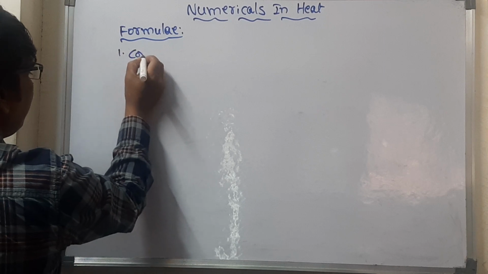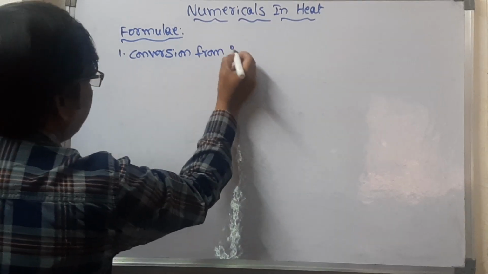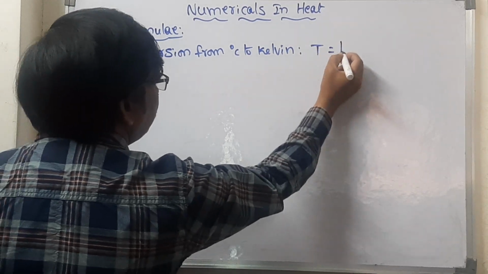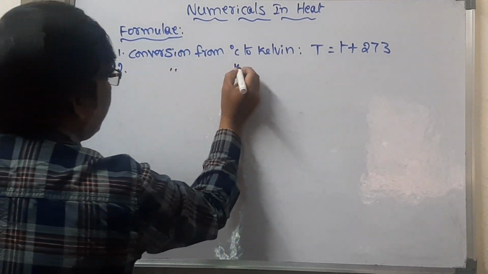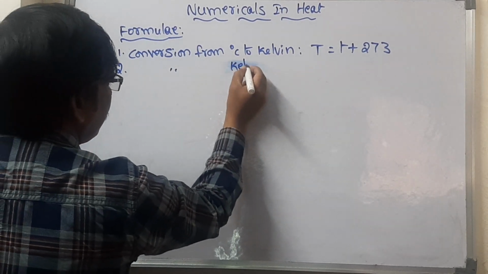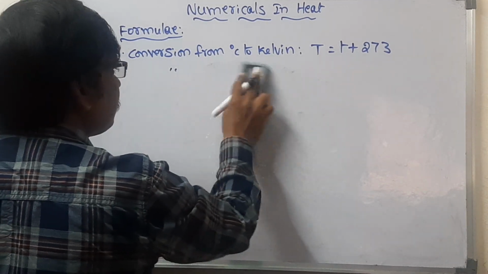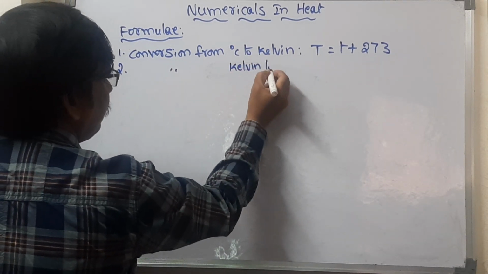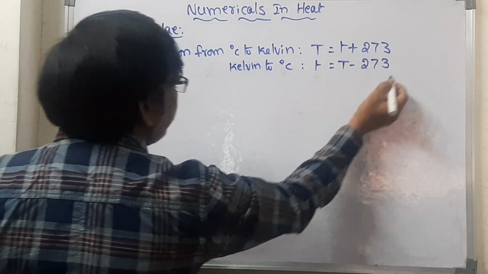This is for conversion. The first formula that we can expect, for conversion from degree Celsius to Kelvin, is given by the formula capital T is equal to small t plus 273, and the conversion from Kelvin to degree Celsius is small t is equal to capital T minus 273.